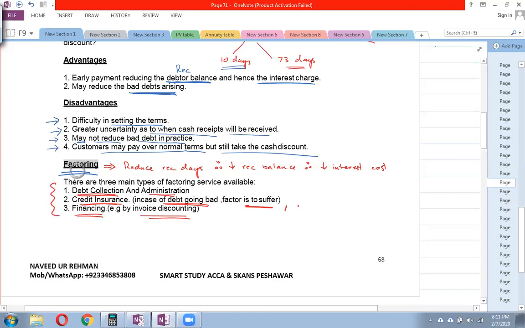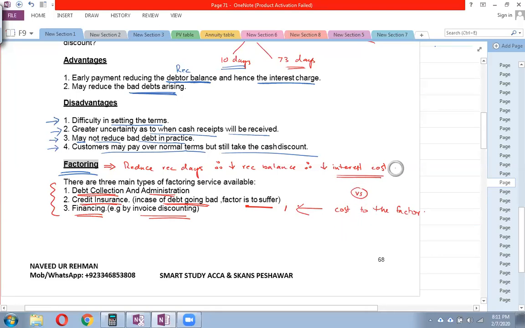Now all this will have some cost as well, and we have to see that the interest cost that has been reduced versus the cost that will be given to the factor. Again, in the same way that we considered before, we will consider, are we saving more in interest cost or are we giving more to the factor?